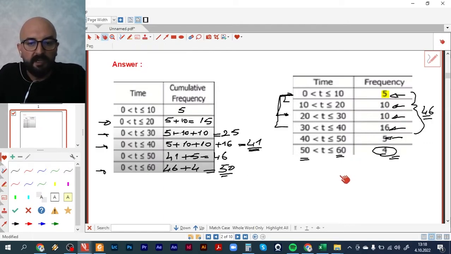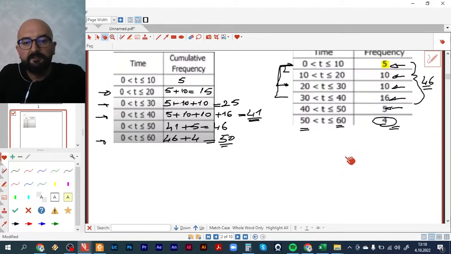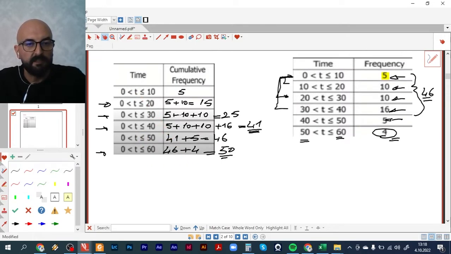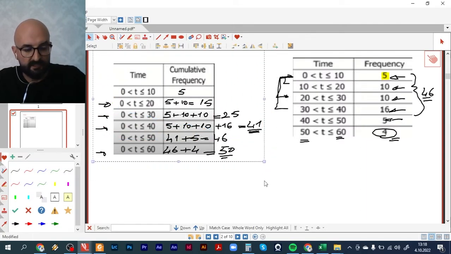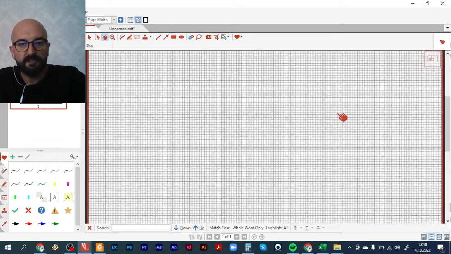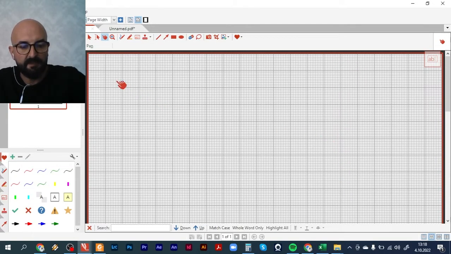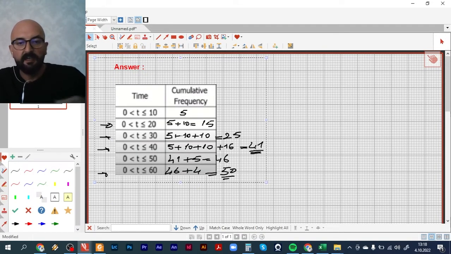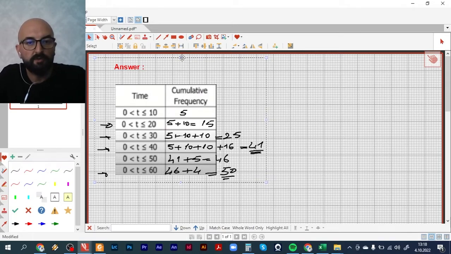Okay, now we should draw the cumulative frequency graph, and I want to copy and paste this table onto the other paper. Now the paper is a grid paper, and it will be very easy to draw the graph.